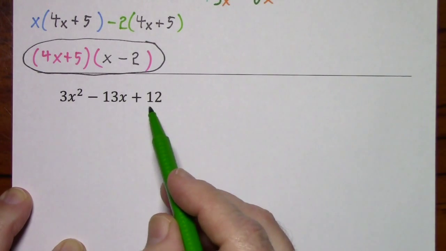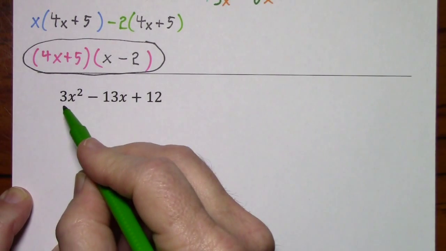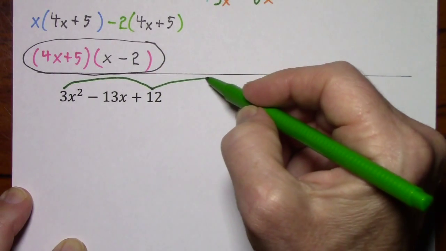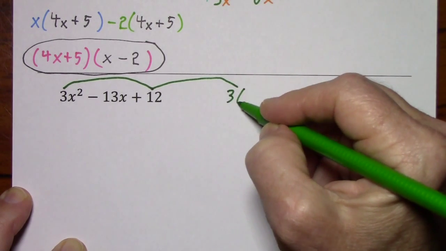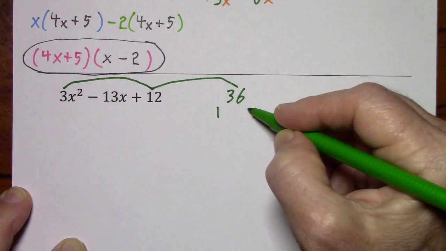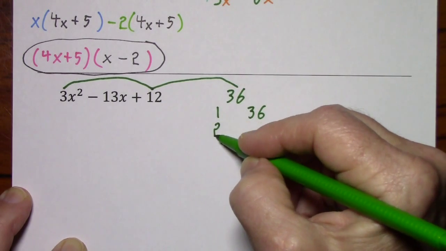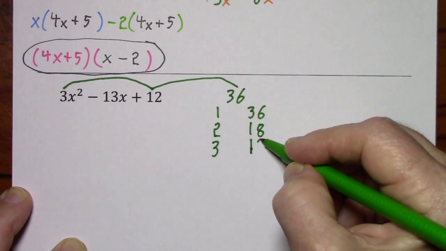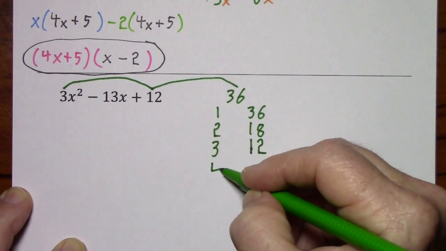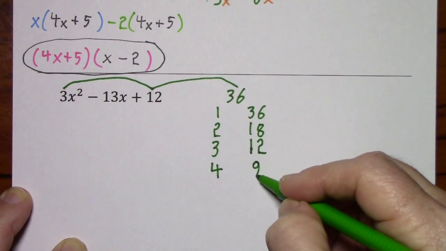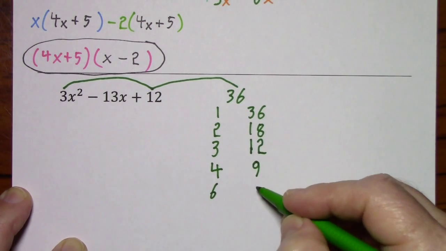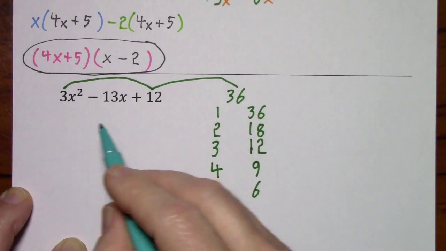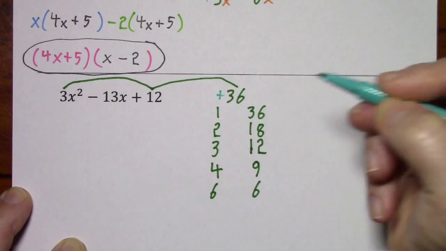Again, we have 3 terms, no common factor, leading coefficient other than 1. So multiply 3 times 12, list the factors, and in this case it was a positive times a positive, so we got a positive 36.